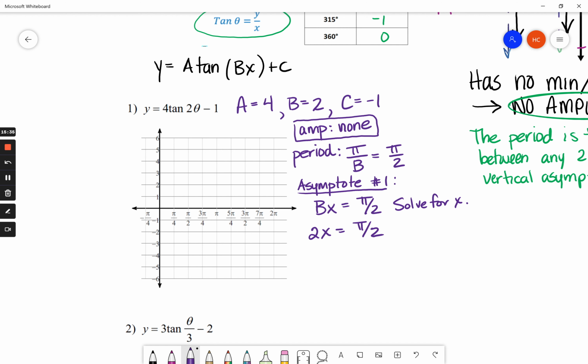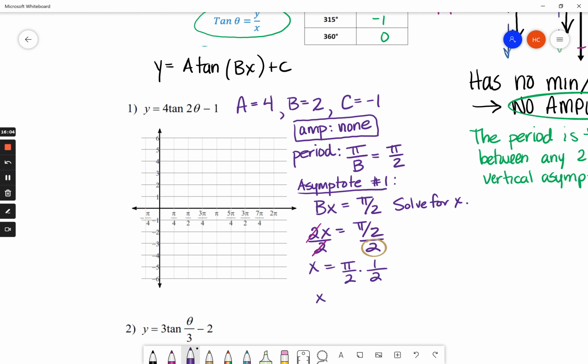What do I need to do on both sides? I need to divide by 2 on both sides so that I can cancel out these 2's and solve for x. Pi over 2 divided by 2 is the same thing as pi over 2 times the reciprocal of 2, and the reciprocal of 2 is 1 over 2.